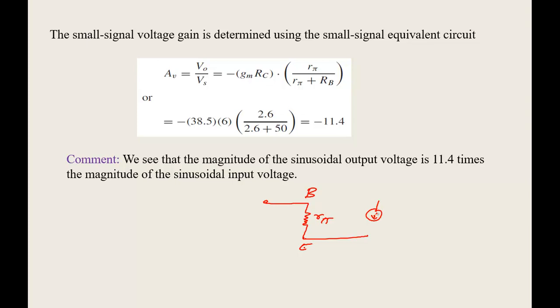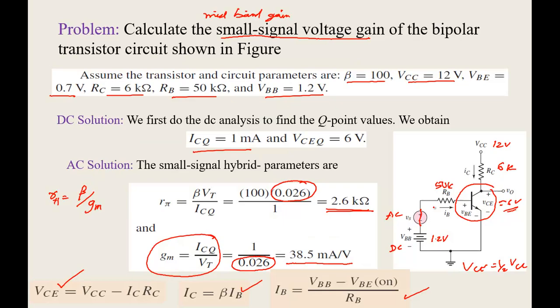Between the collector and the emitter I will have a voltage dependent current source, which I can write as GM V pi, where V pi is the voltage across R pi. Now let us look at all the resistors connected here. At the output side, from the collector I have one resistor connected.